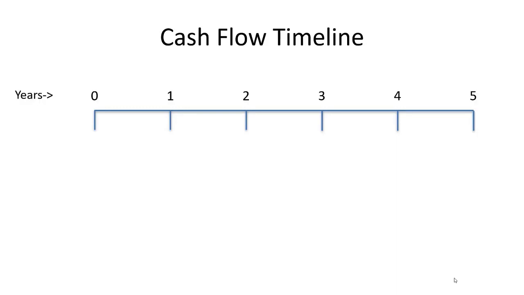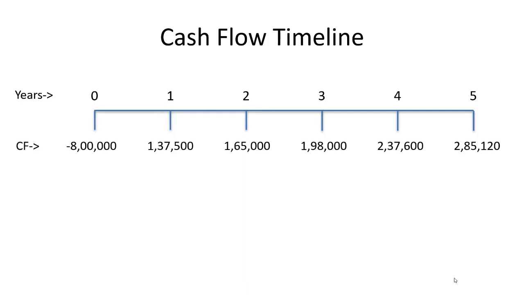0 is the current, then 1, 2, 3, 4, 5 years, and the associated cash flow is what we have here, which is 8 lakh rupees going out. That's why you see a negative sign there, and the rest of the cash flows are all positive. That is, revenue minus cost is a positive sum.